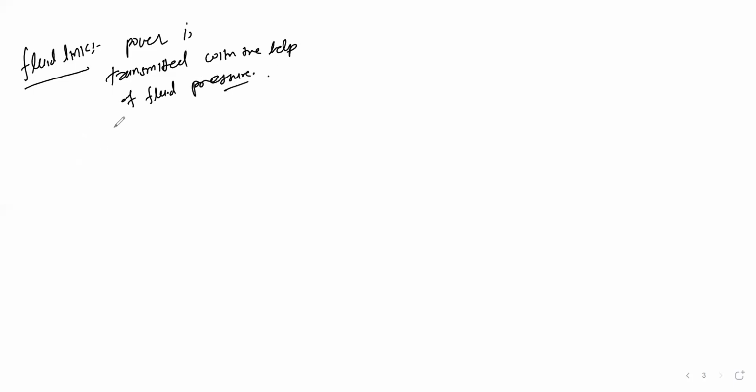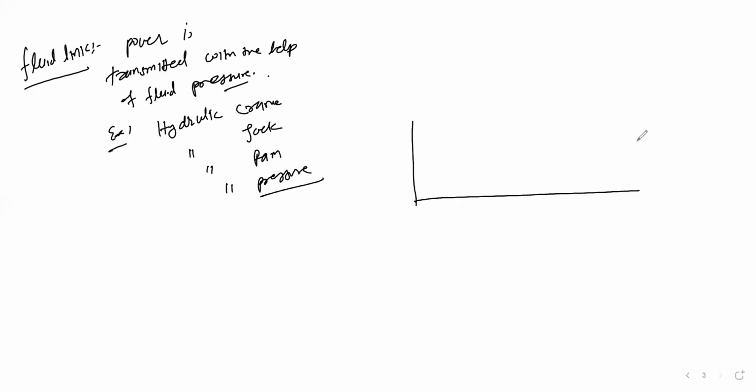That is important. The examples we can say are hydraulic crane, hydraulic jack, hydraulic ram, or hydraulic press. And how does the hydraulic jack look? It should look like that.